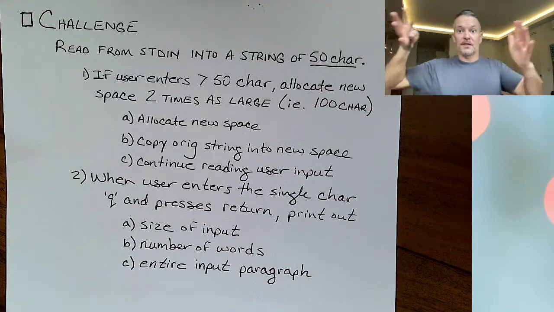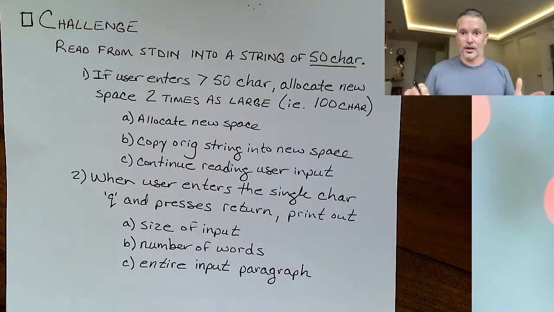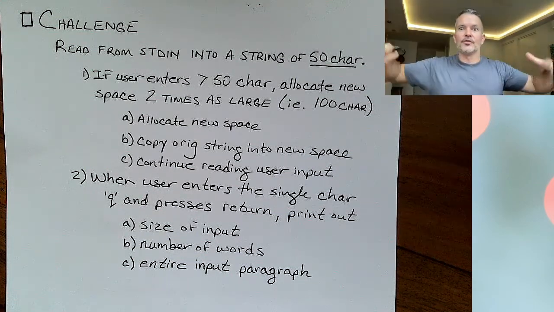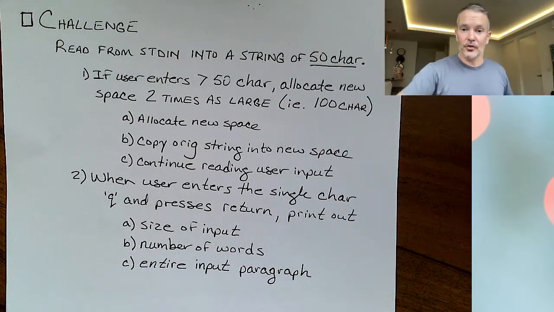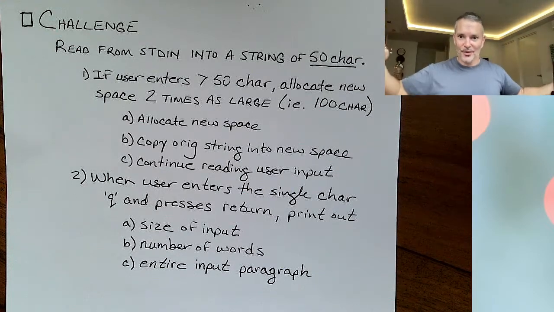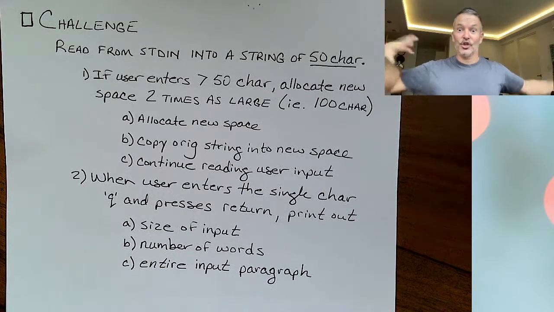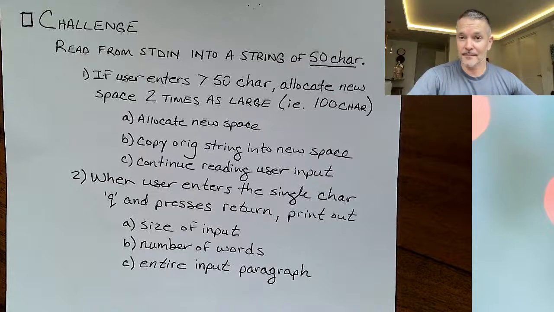Copy the original 50 characters into the 100 character buffer and keep going, keep reading from the user. And as the user exceeds the size of your buffer, just continue on and on and on, expanding your memory to hold this larger area that the user's typing in.